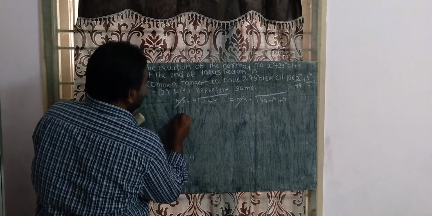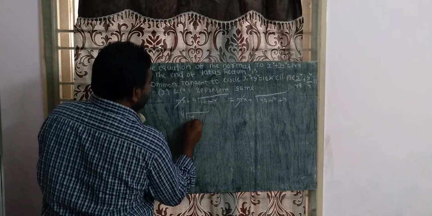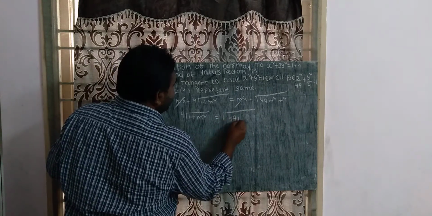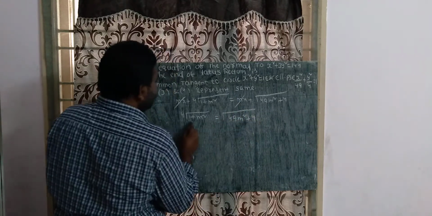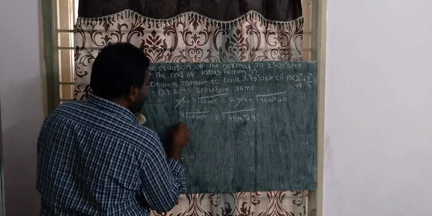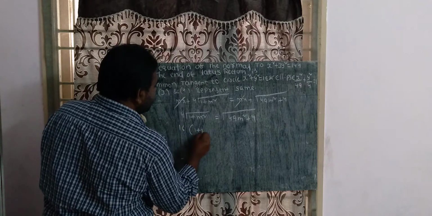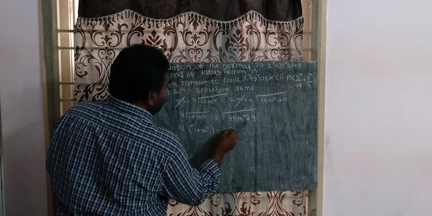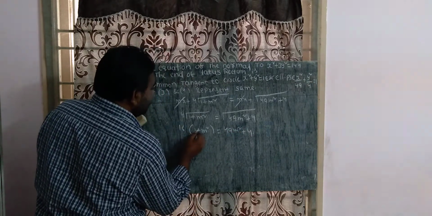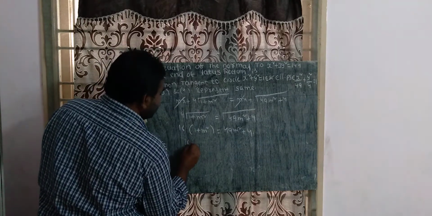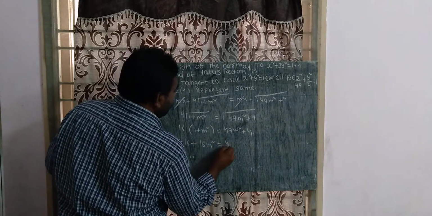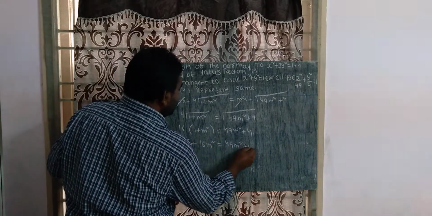We get 4 into square root of 1 plus m square is equal to square root of 49 m square plus 4. For removing the square root, squaring on both sides, we get 16 into 1 plus m square is equal to 49 m square plus 4. Multiplying, we get 16 plus 16 m square is equal to 49 m square plus 4.